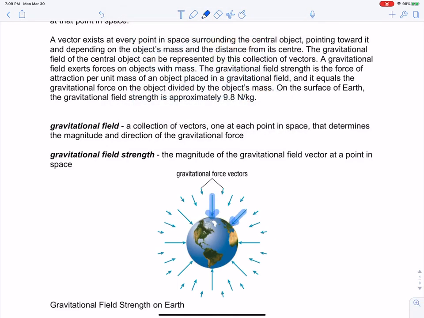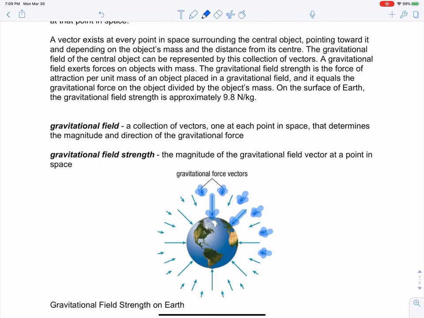The farther you are from the surface, the smaller the field intensity or the field lines are. These field lines will show the magnitude and the direction of the force, all of them pointing towards the center of the very large object, Earth. The closer you are to the surface, the larger the force.